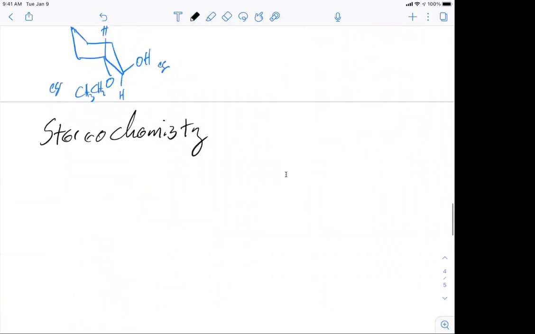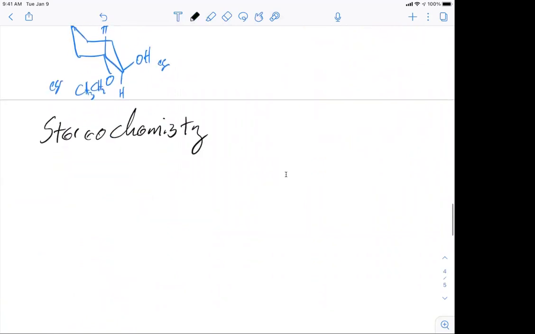Okay, so for stereochemistry, one of the things we need to think about first is identifying chiral centers. And so let's identify some chiral centers.